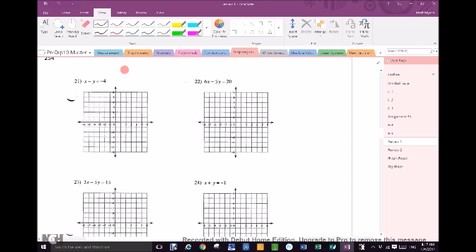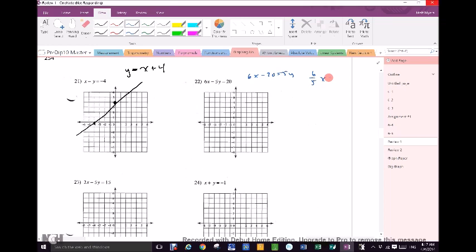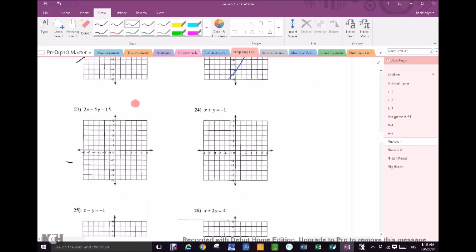Y equals x plus 4. Plus 4 and a slope of 4. And that one is 6x minus 20 equals 5y, so y equals 6/5 x minus 4. That's 2x minus 15.